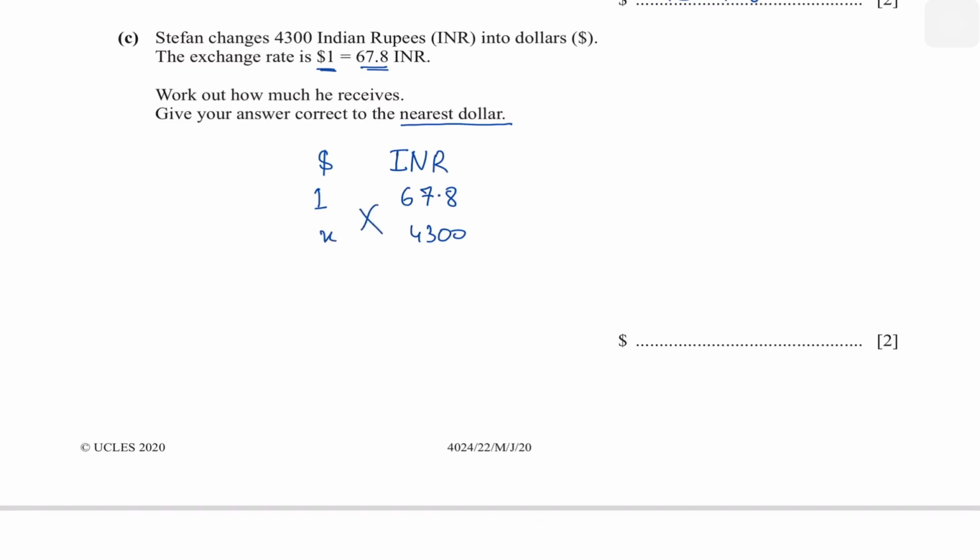Cross multiplying, X is 4,300 divided by 67.8, which is equal to 634.2, and since we have to give our answer correct to the nearest dollar, we'll lock it at 634.